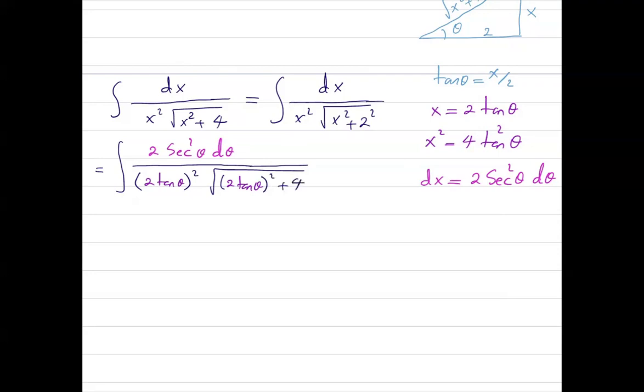Okay, let's see what we can do then. Here you have the integral of 2 secant squared of theta d theta divided by 4 times tangent squared of theta, and then down here inside the radical, you get 4 tangent squared of theta plus 4.